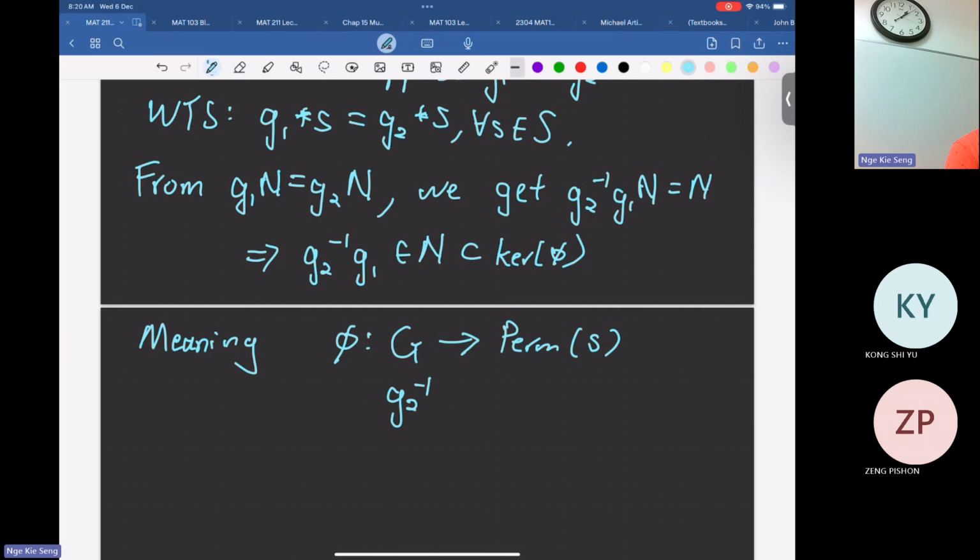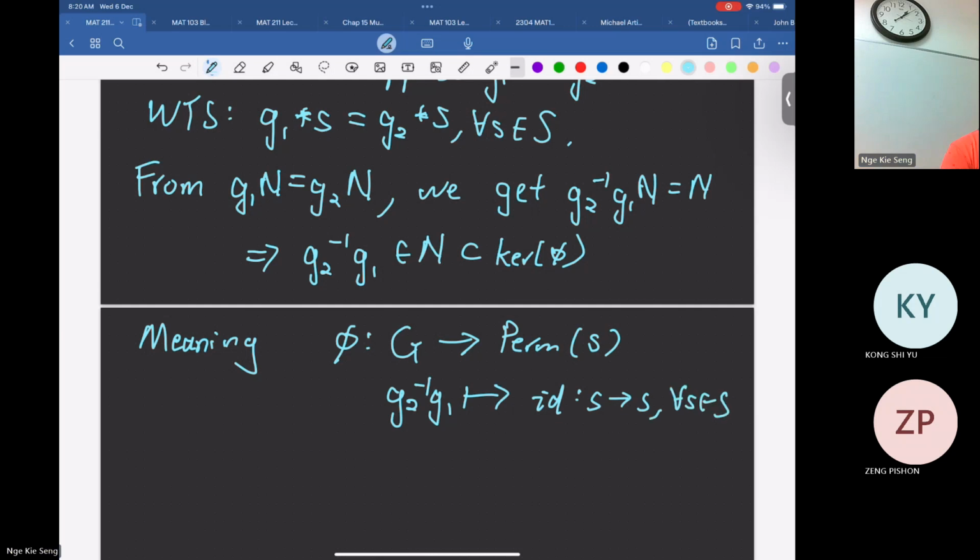Where should G2 inverse G1 go? Go to the identity map. Okay, right. The identity map that fixes everything. So it goes to the identity map that fixes everything.